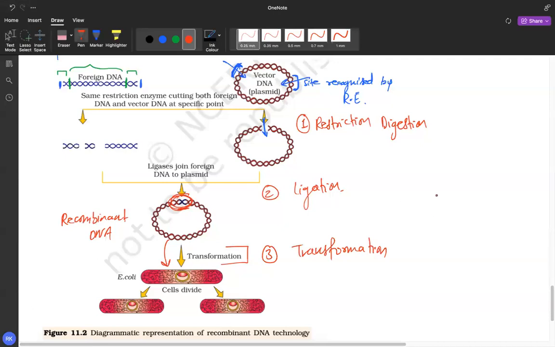So what normally happens is we take a tube, and in this tube you have your cut plasmids, which will look like this, a C, so that you understand. Basically, they will be linear. Now, what's preventing them from just clicking back and becoming circular again? They can do that. Yes or no?